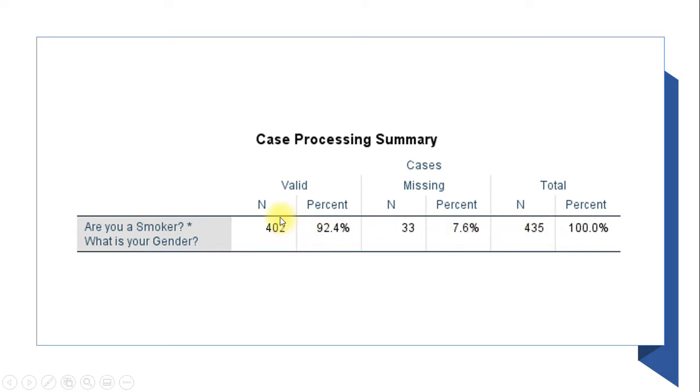Then around 402 respondents have responded and 33 not responded. So I have collected a 92.4% response out of my 435 respondents, and 33 responses are missing or not responded to by the respondents. This is the summary populated by SPSS.